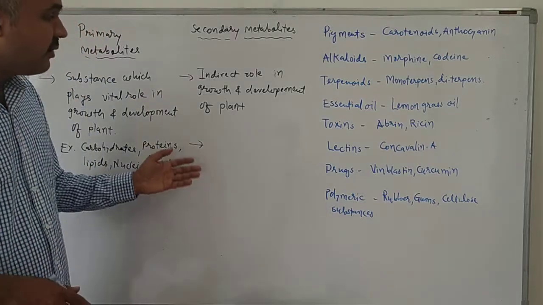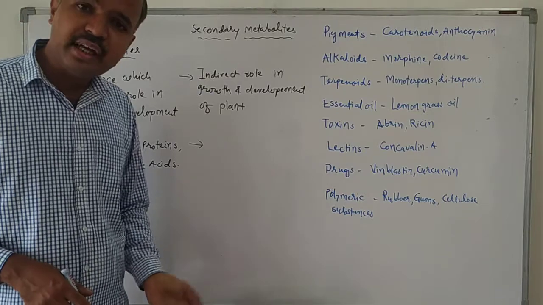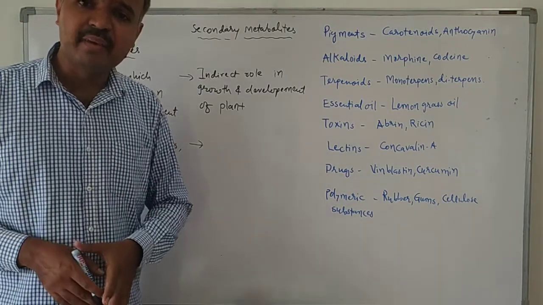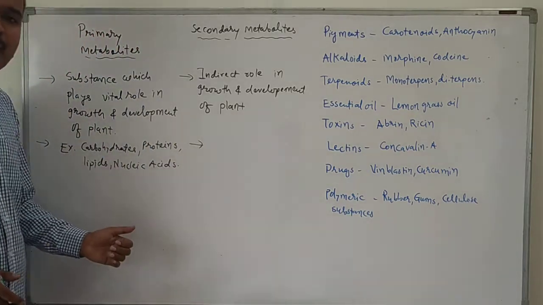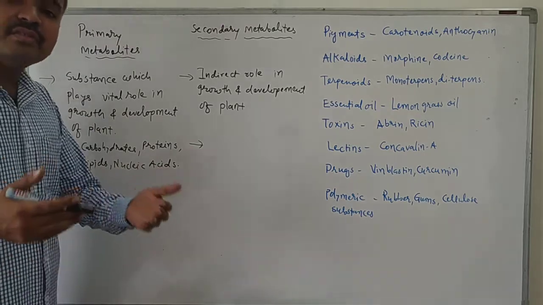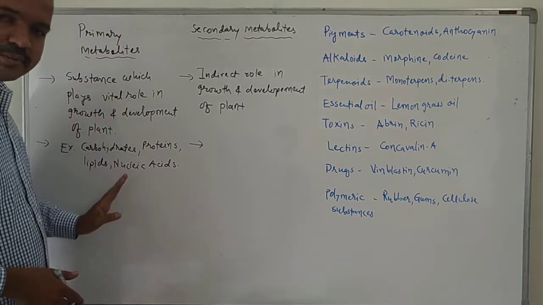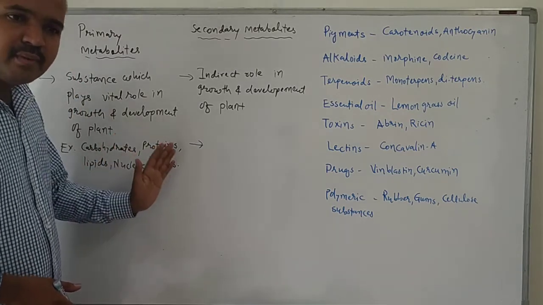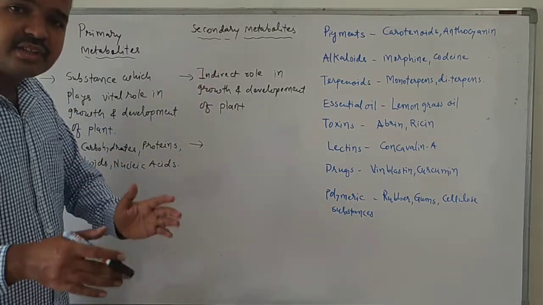In the absence of secondary metabolite, plant can survive. But in the absence of primary metabolite, it cannot grow, it cannot develop, as well as it cannot survive. I'm not writing that point over here, that in the absence of primary metabolite, plants will die, whereas in the absence of secondary metabolite, plants can survive.